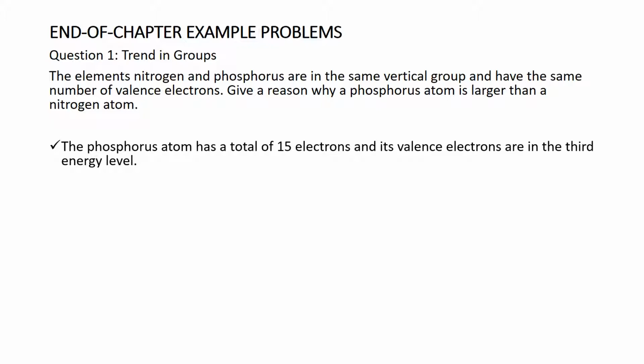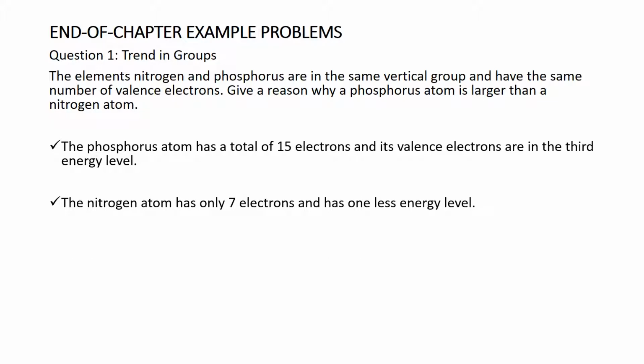Phosphorus has a total of 15 electrons and its valence electrons are in the third energy level. So phosphorus is in period 3 and nitrogen is in period 2 in the periodic table. If you look at your periodic table, nitrogen has only 7 electrons and has 1 less energy level, because remember I said as you move down the group you are actually adding an energy level.